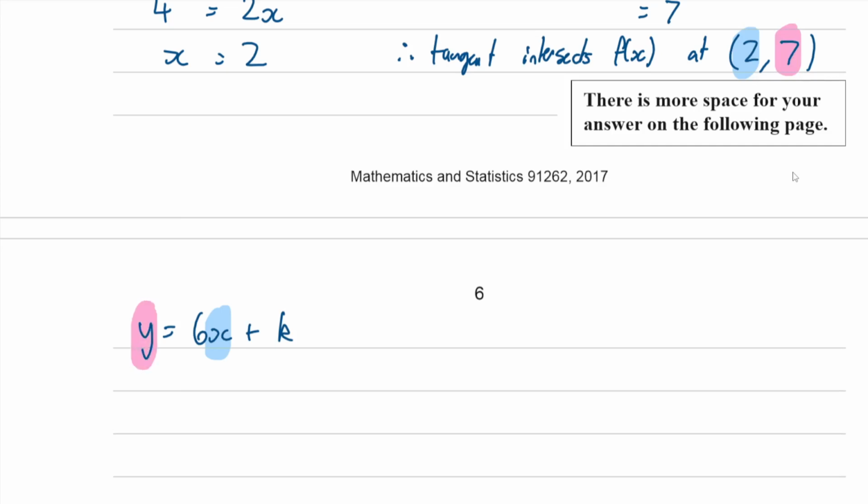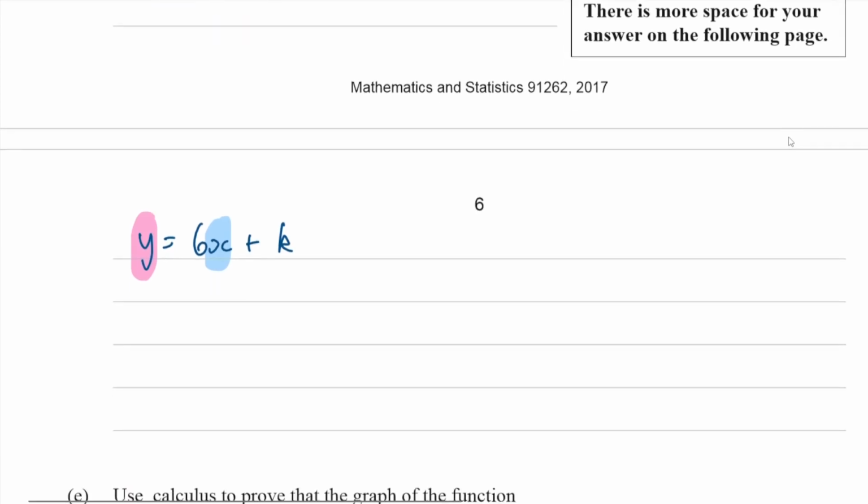Right, it is a point on the line. And now you'll see we can substitute that in for x and y and solve for k. So let's do that now. In for y goes 7, in for x goes 2, 7 equals 12 plus k, subtracting 12 off of both sides, k will equal minus 5.